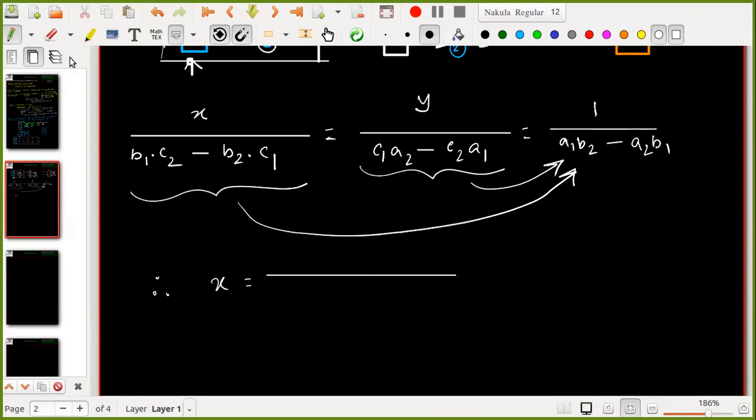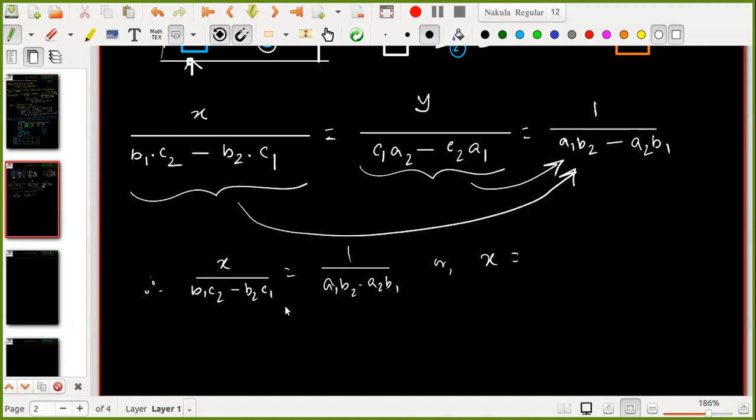If I write it separately before writing the final step, this is like, therefore x by b1 c2 minus b2 c1 is equal to 1 by a1 b2 minus a2 b1, or x is equal to, so if we cross multiply over here, it will go to the numerator.